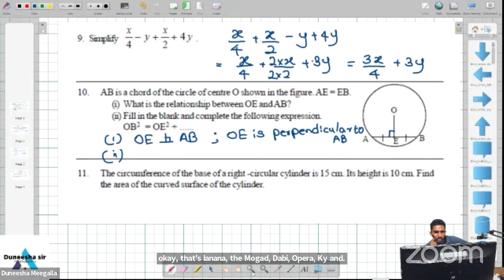OB square equal OE square plus... yes. Satish's answer is correct, Tevindu's answer is correct. Yes, Dilmi's answer is correct.